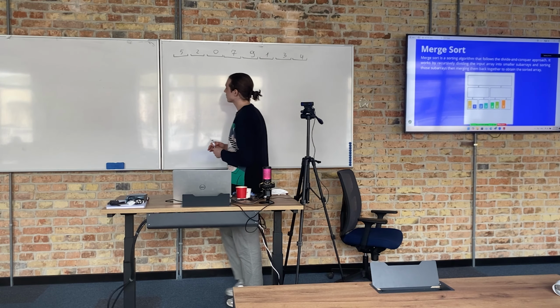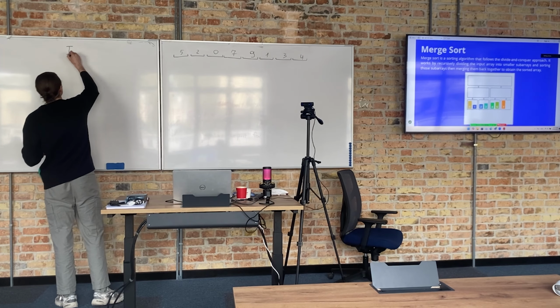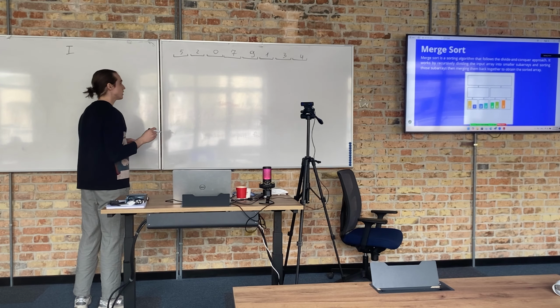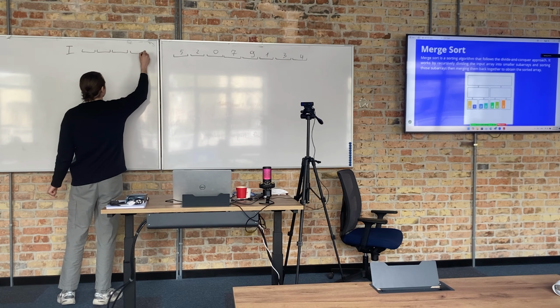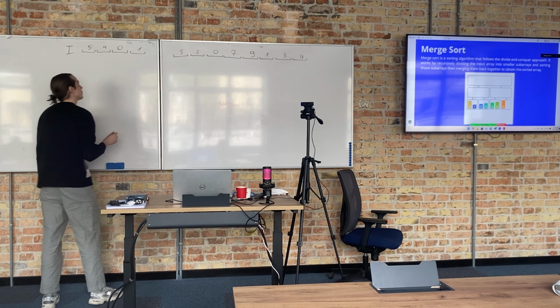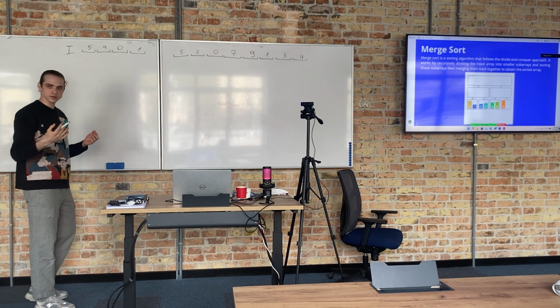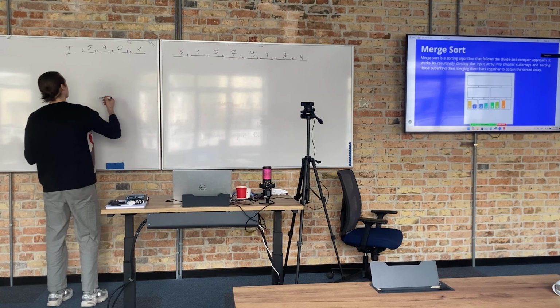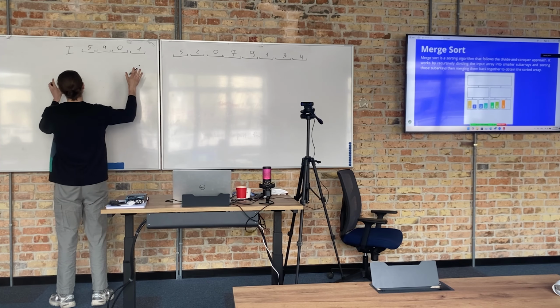So let's talk about those operations. First is dividing. What does it mean? It means that if we have some array, we will recursively divide it and create copies of its halves, like in binary search, and it will be recursive.